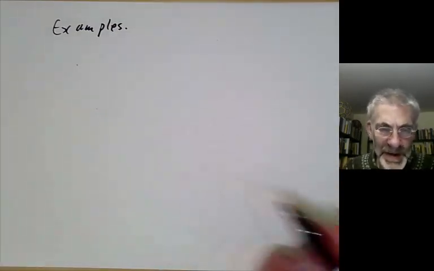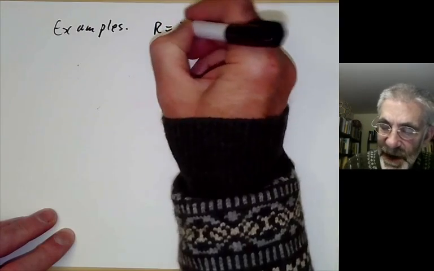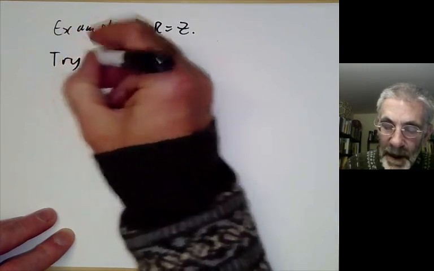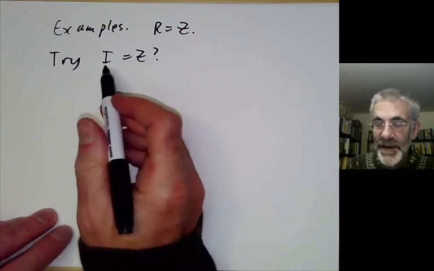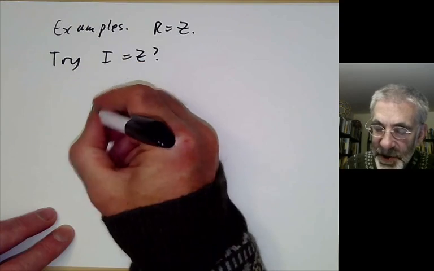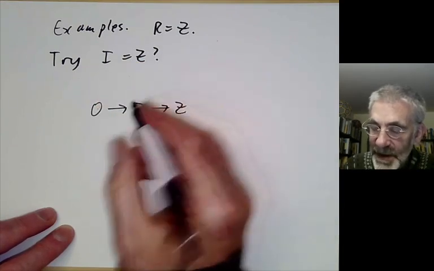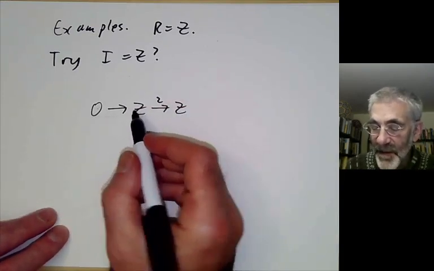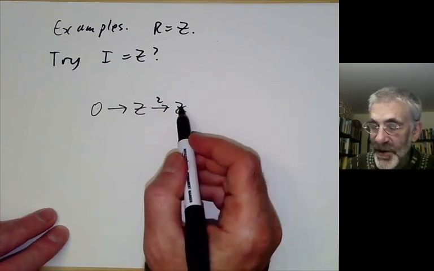So let's see some examples of injective modules. Well, obviously the module 0 is injective. Let's work over the ring R being the integers for simplicity. And let's try I being the integers. Is this injective? Well, let's have a look. We can take Z to be a submodule of Z, as we can find an injective map from Z to Z if we just multiply by 2.